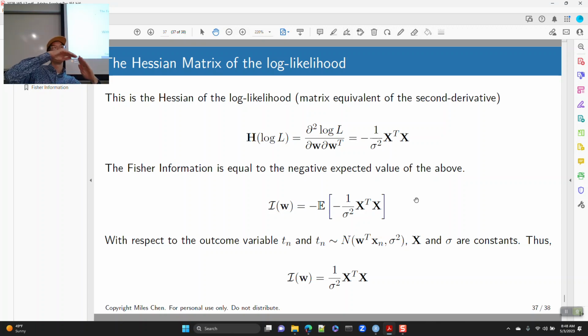Say you're trying to estimate the slope for, I don't know, how much a plant grows. You measure the height on this day, the height on the next day, and the height on the next day.